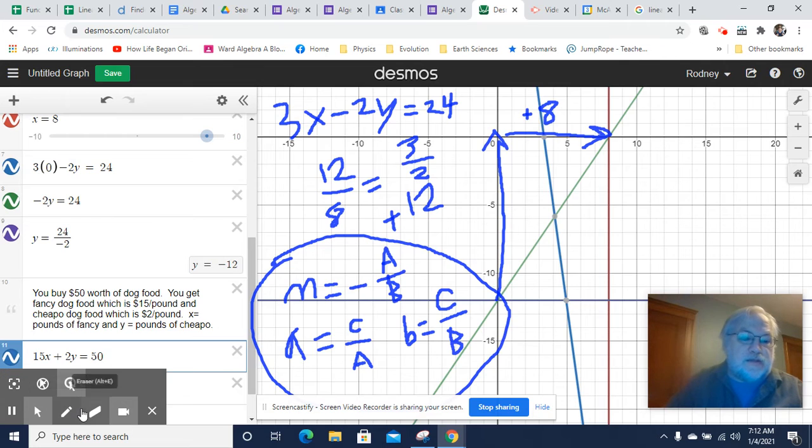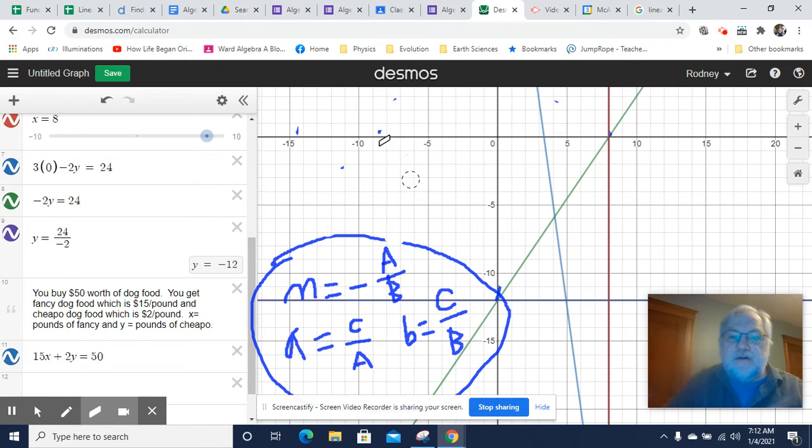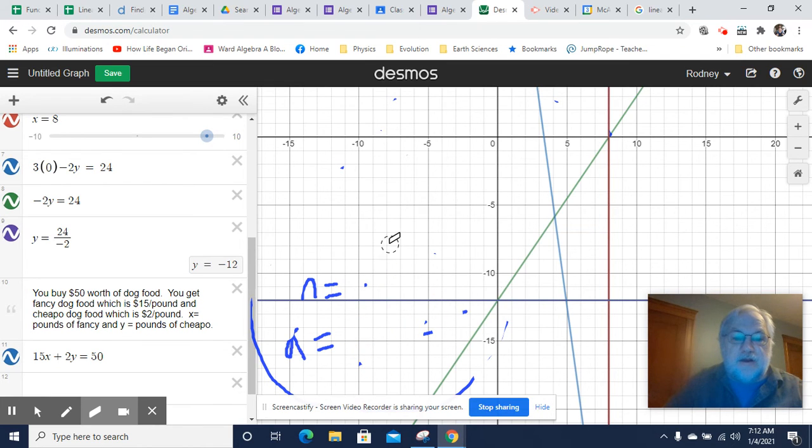Let me now erase all the stuff that's up here because it's going to get distracting. So you see that thin blue line that's just formed? That is going to be a graph of the possible arrangements, possible combinations of cheapo dog food and fancy dog food that you bought.